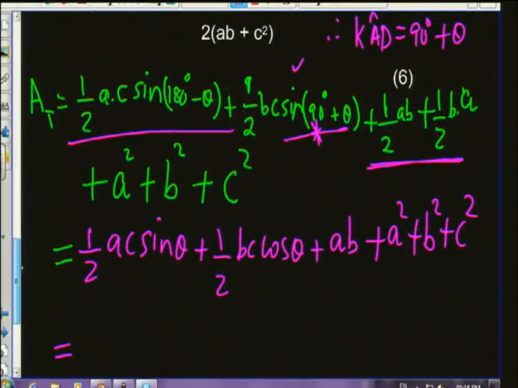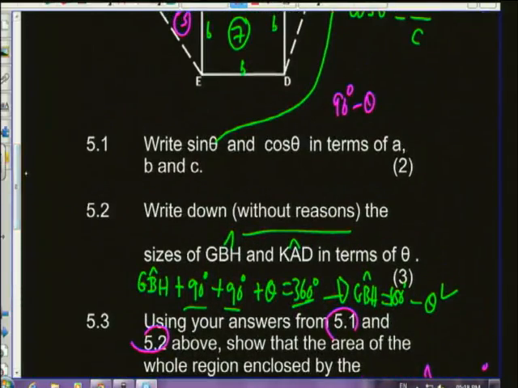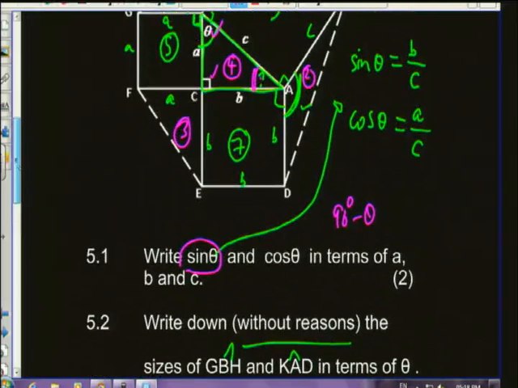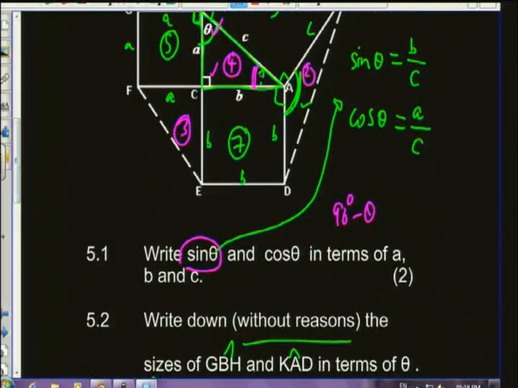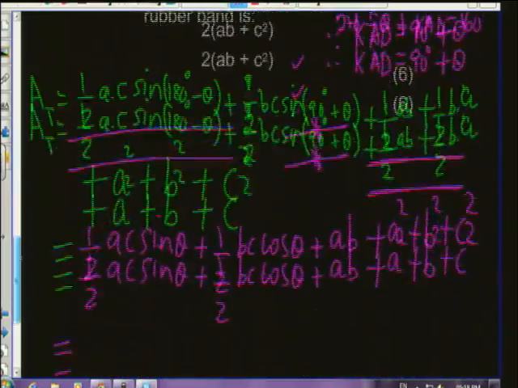Now they said use the information above to solve this problem. The first info they've asked us to do is to work out what sine is. We did that: sine theta is B divided by C, and cos theta is A divided by C, so we can substitute there.